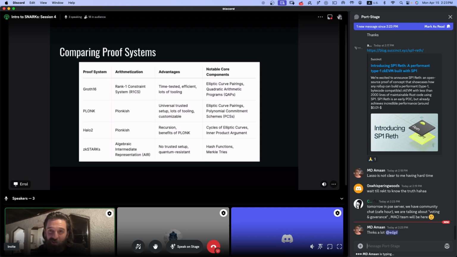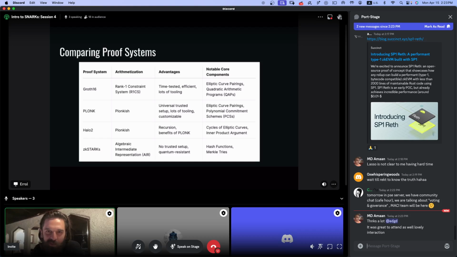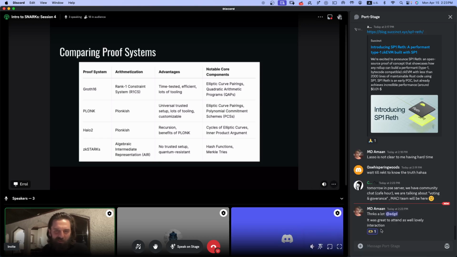Like really, a year ago, the space looked very different, and you can't keep up with it all. You've got to be very selective with your time to decide what you're going to focus on. Like, do you want to spend a month trying to implement a circuit because that's going to help you become a bit more of a ZK engineer? Do you want to be a bit more of an entrepreneur, but also have some ZK expertise?